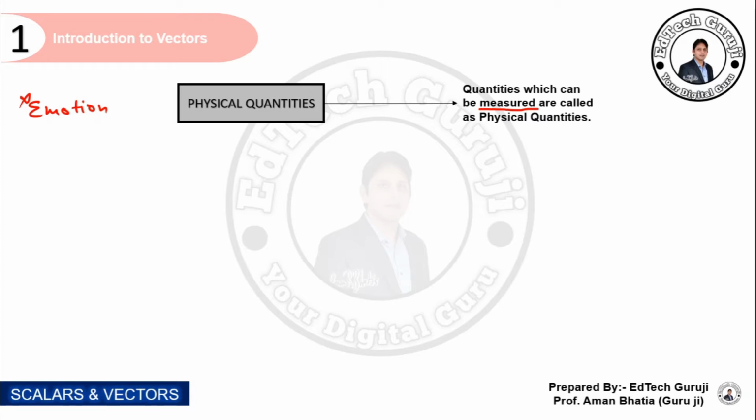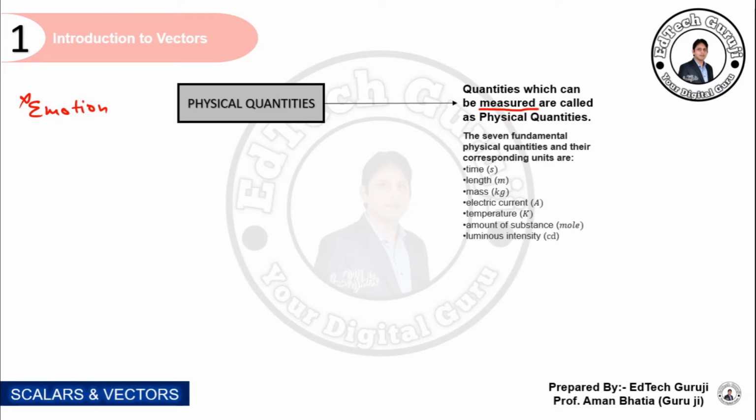Now let us see some of the physical quantities. Basically, physical quantities are divided into two parts. The first part is known as fundamental physical quantities, and there are 7 fundamental physical quantities, which are time, length, mass, electric current, temperature, amount of substance, and luminous intensity.